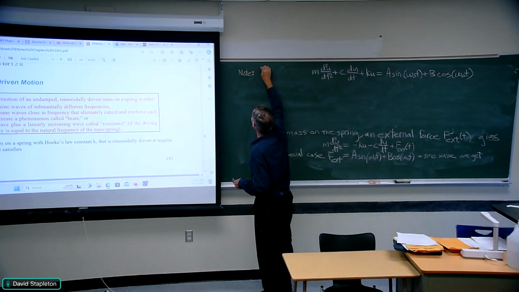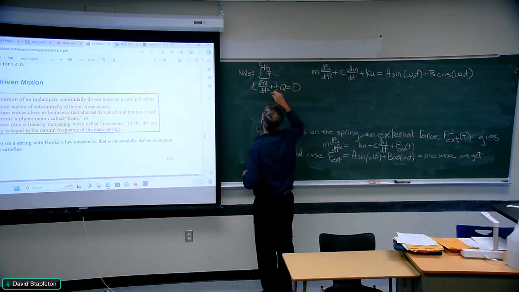Put this on the side. If you just have, here's a switch if you want, a capacitor with capacitance C and an inductor with inductance L, then the equation becomes L d squared q dt squared plus 1 over C Q equals 0, which corresponds to the undamped mass on a spring.